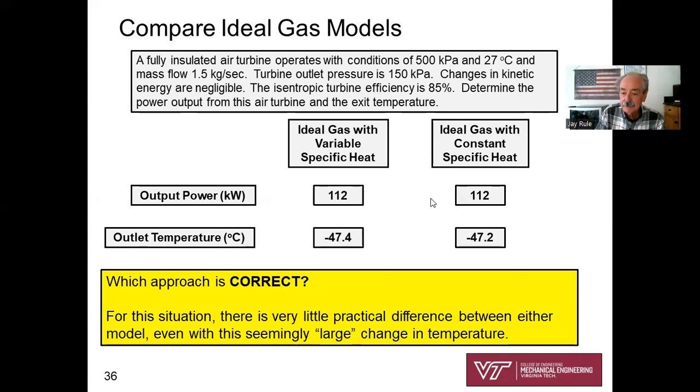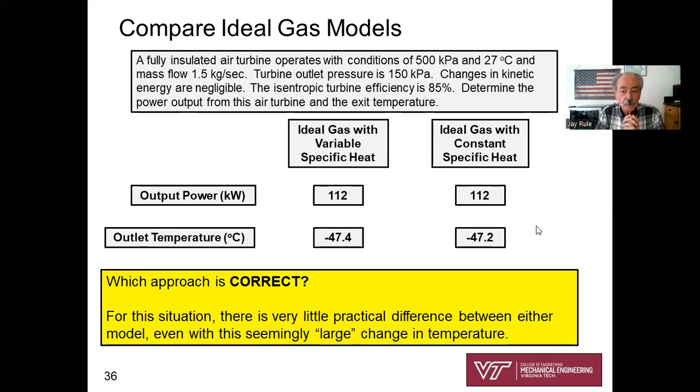Then we used constant specific heat. We got 112 kilowatts of output power and negative 47.2 degrees C. How would you as an engineer compare those two results? They look mighty close to each other, don't they?